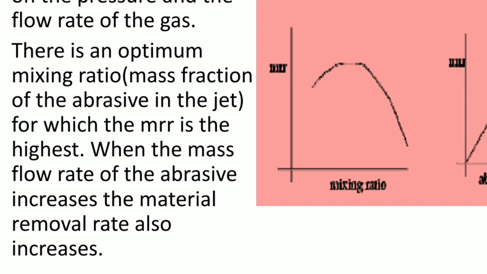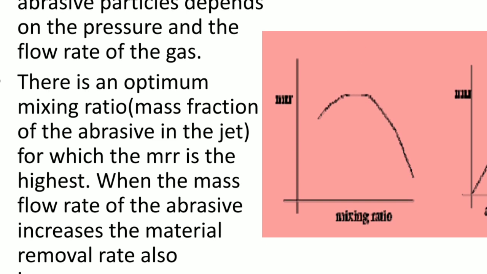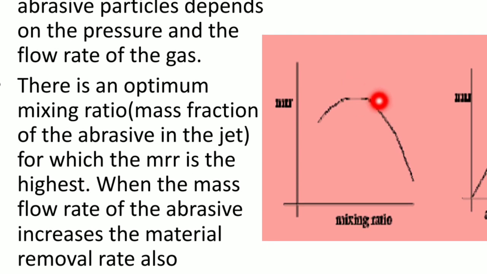So here you can see mixing ratio. If you increase the mixing ratio on the x-axis, MRR will increase, but after a certain level the MRR will start falling, because if you increase the number of abrasive particles, it becomes dense. There will be a chance of clogging, meaning the air coming will not be able to remove the abrasive from that place, so that fresh abrasives can attack and remove the material.